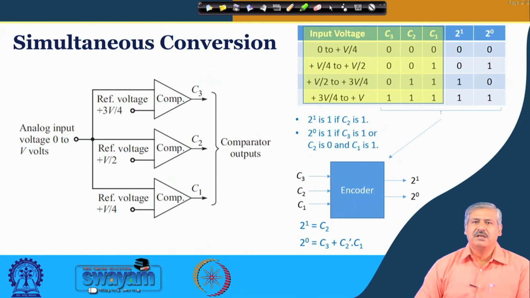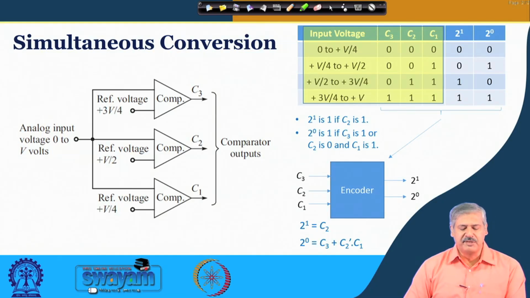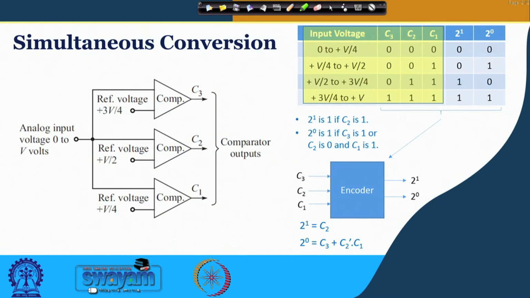So, first we try to understand the concept of simultaneous conversion. For which we look at one small example, what you see in the left hand side. There is an analog input voltage which is restricted to the range 0 to V volt. Let us consider it that way.